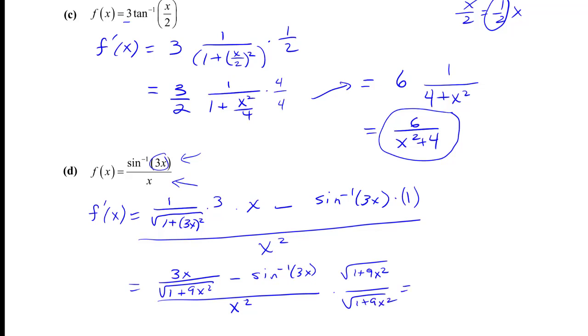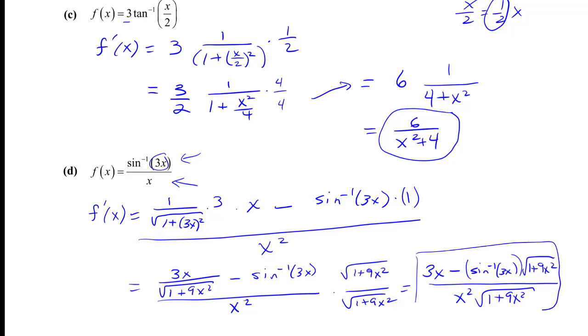And so we would get 3x minus inverse sine 3x times the square root of 1 minus 9x squared, all over x squared times the square root of 1 minus 9x squared. And there it is. All right, and those are some more derivatives of inverse trig functions.